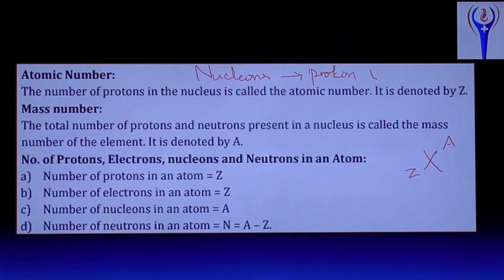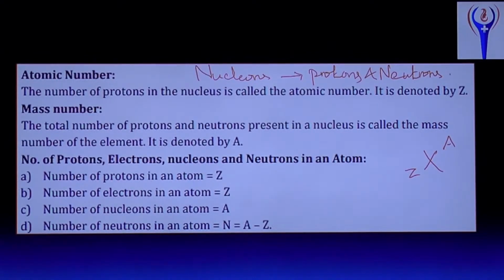Protons and neutrons together are called nucleons. The number of nucleons in an atom is A. We said that is the total number of protons and neutrons. Instead of that, a separate term is given, that is nuclear particle as nucleons. So the number of nucleons is A.